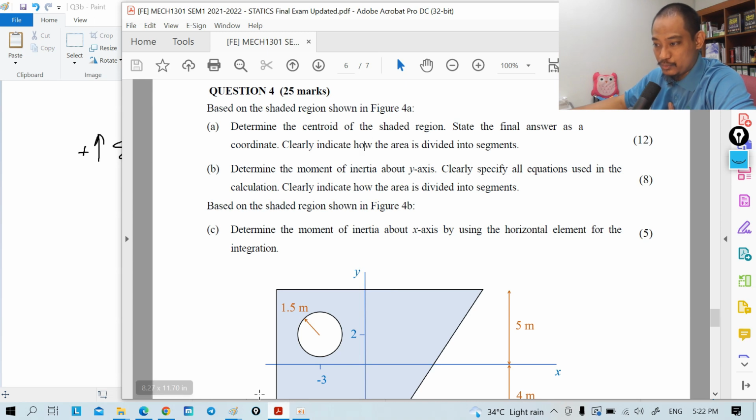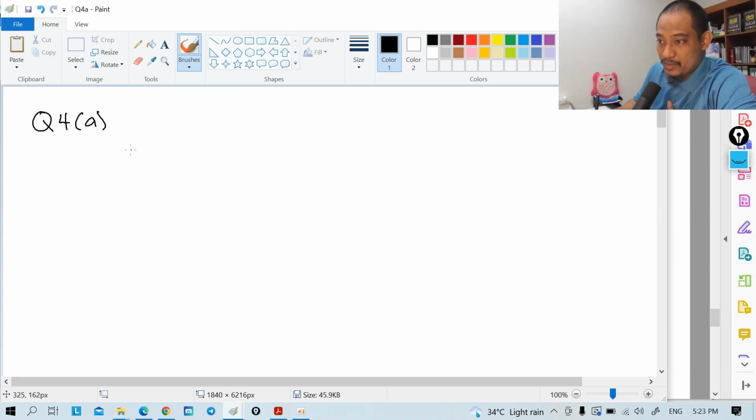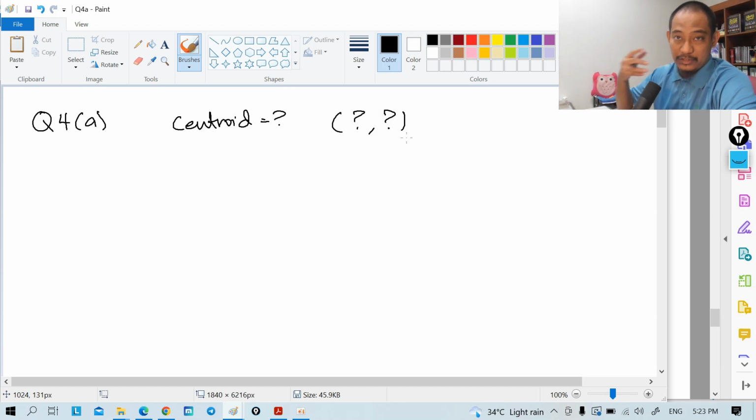So let's go to 4a. Question 4a, centroid is what, right? And we want the answer in coordinate. That's just to remind us that the final answer should be in coordinate.